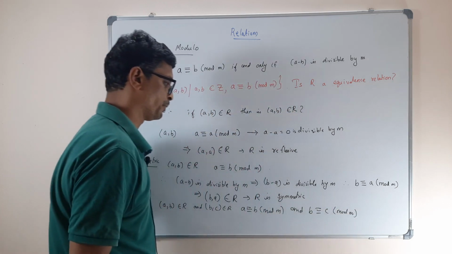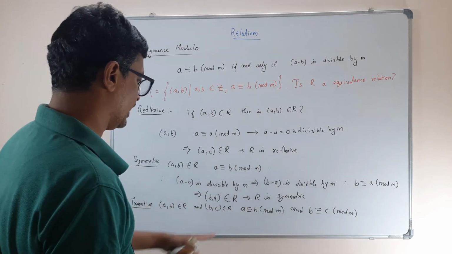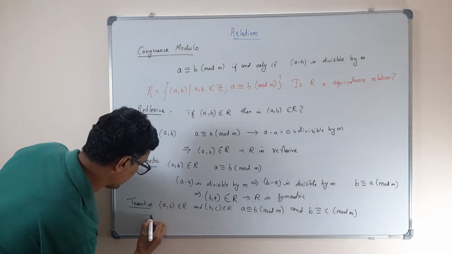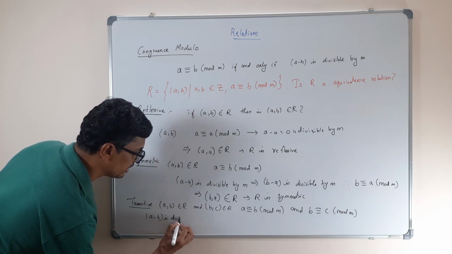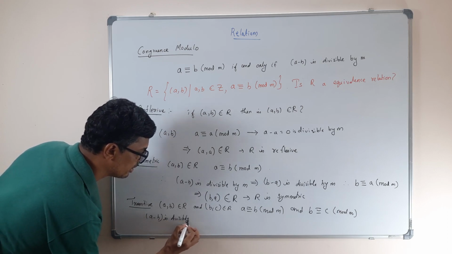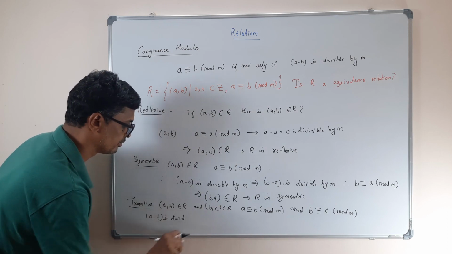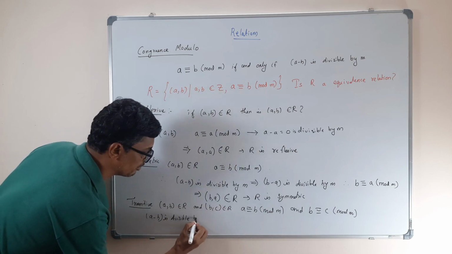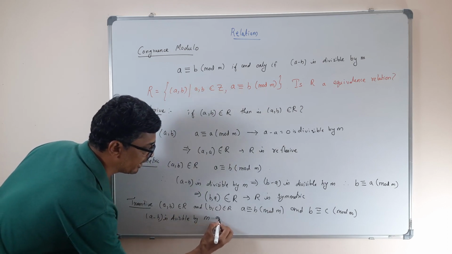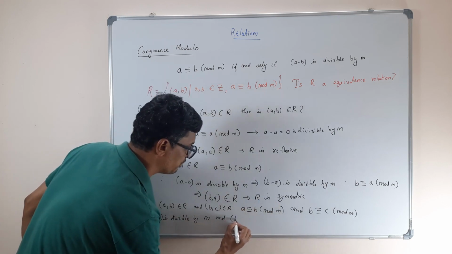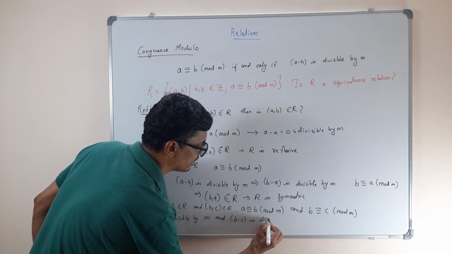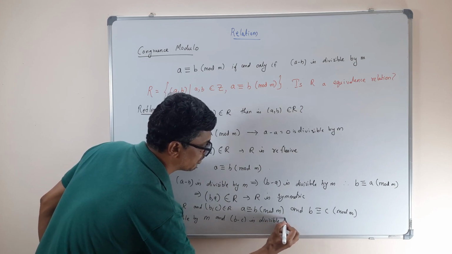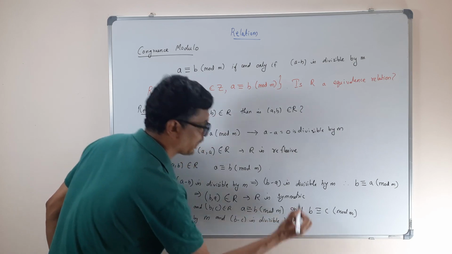Now tell me, so what does it say? a minus b is divisible by m and b minus c is divisible by m.